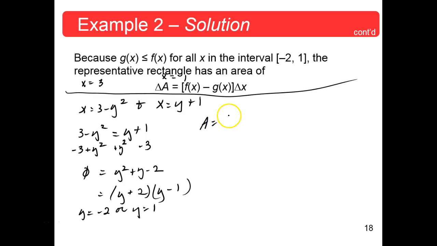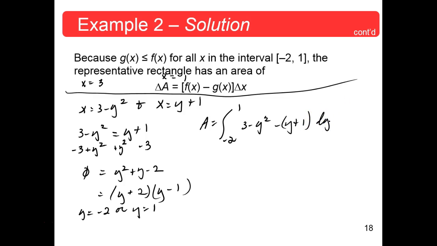Okay. So let's go from there and set up our integral. The area then would be the integral from minus 2 to 1 of 3 minus y squared, minus (y plus 1), in parentheses, dy.